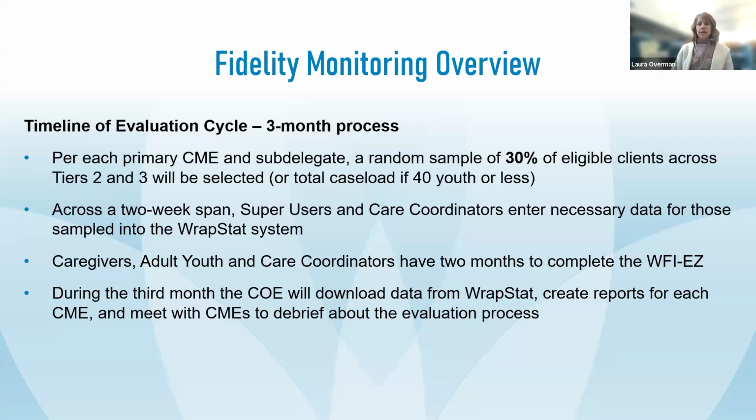And then there are 2 months to complete the WFI-EASY, the caregivers and care coordinators have. And then in that 3rd month, we will be creating our reports and sharing back with you.